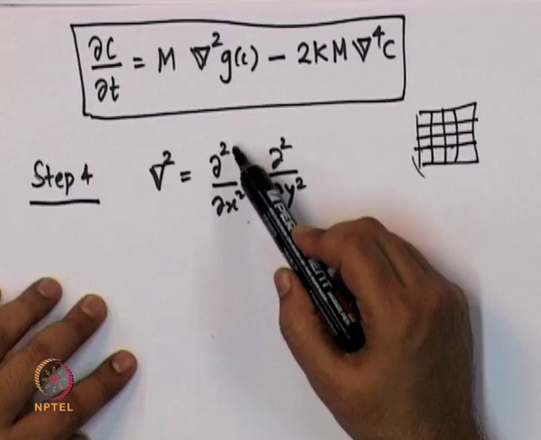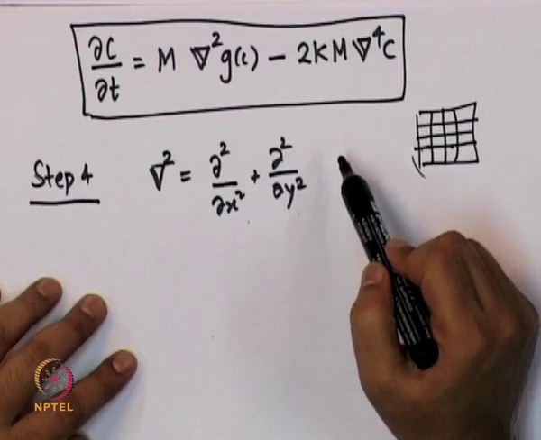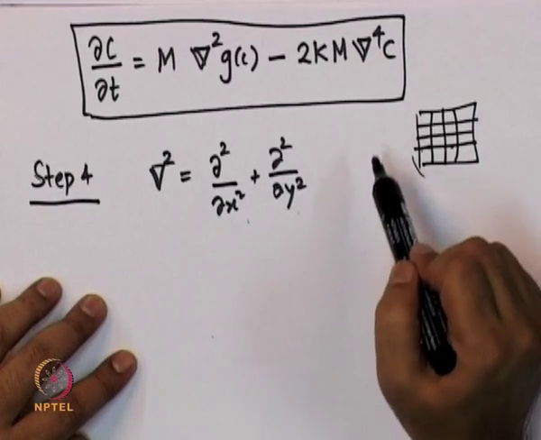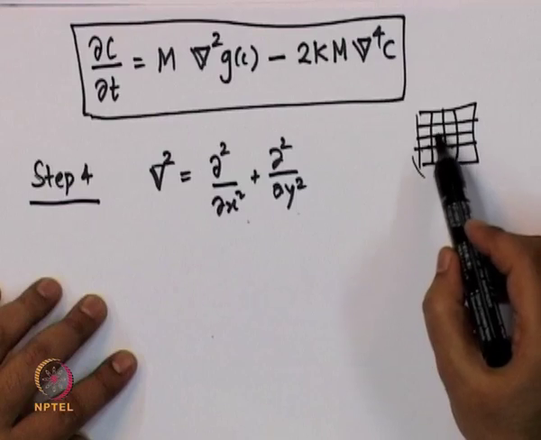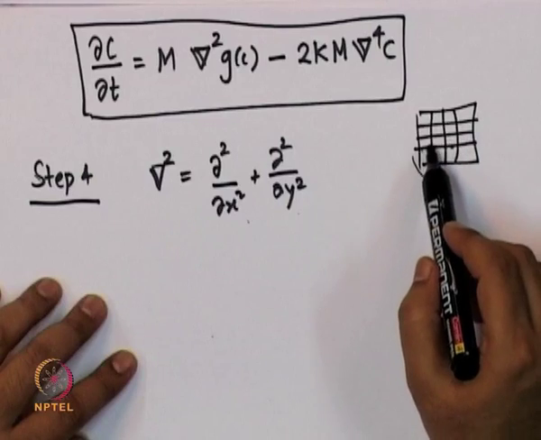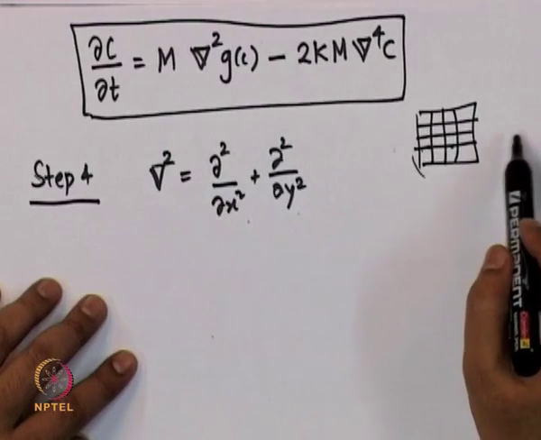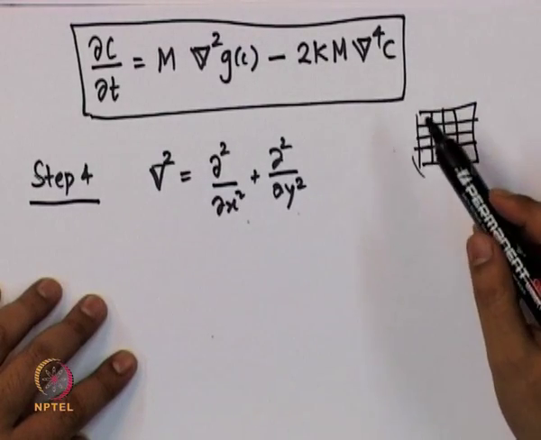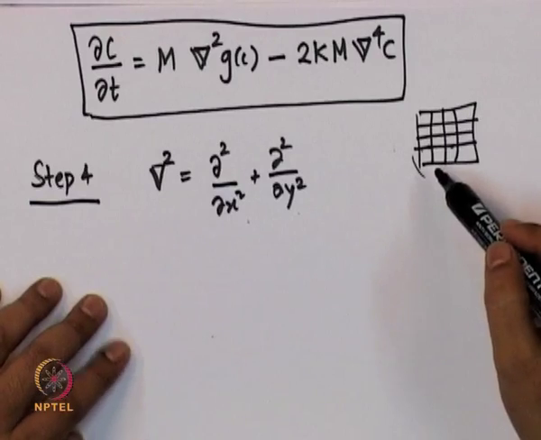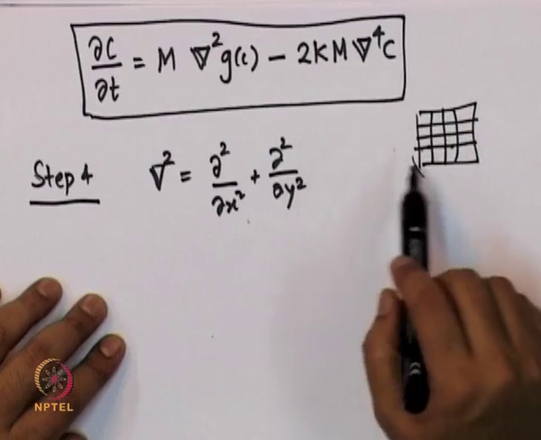So, it has del power 4 by del x power 4, del power 4 by del y power 4 plus del squared by del x squared, del squared by del y squared. In other words, it is going to have these cross terms also, and it is a fourth derivative which already involves points to the left and left of left, right and right of right, top and above top, bottom and below bottom, and so on. Del power 4 is also going to have these cross terms.